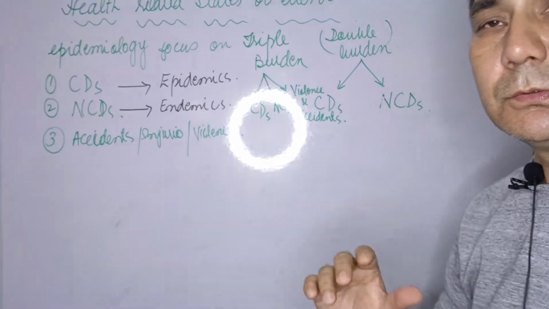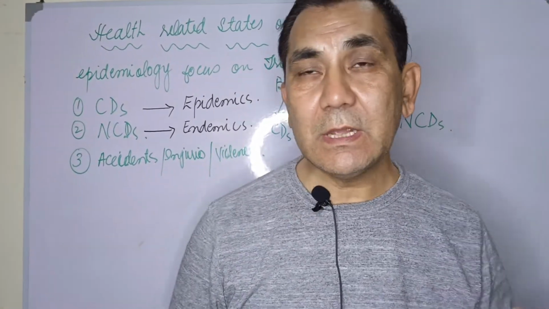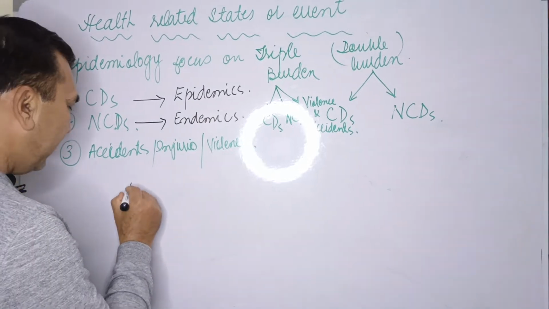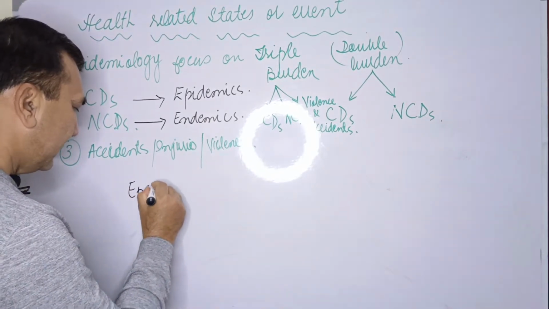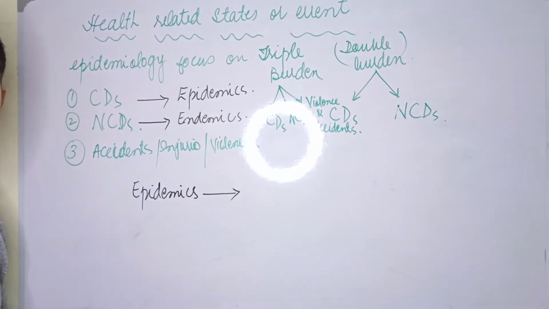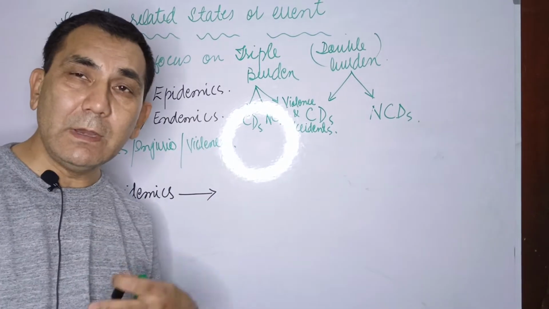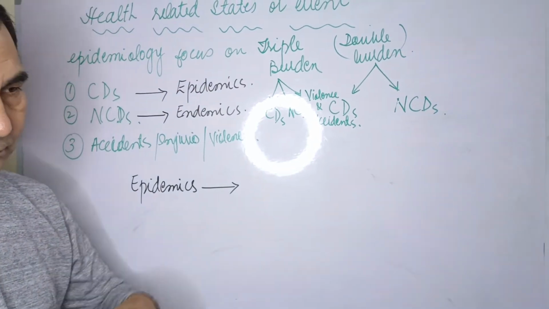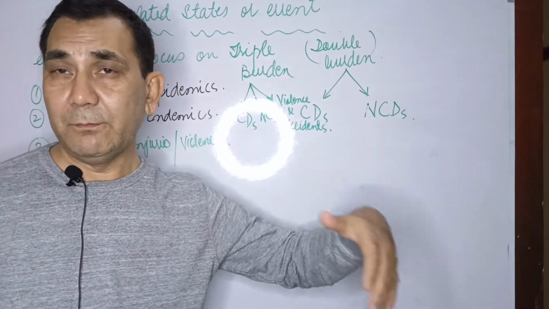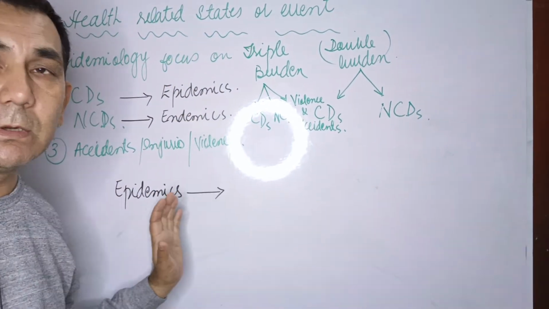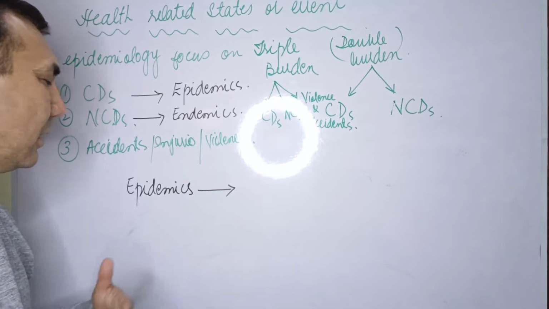Now we will learn what epidemic and endemic are. These are terms which will be used mostly as we read epidemiology further; in the next several lectures we will come across these few terms.